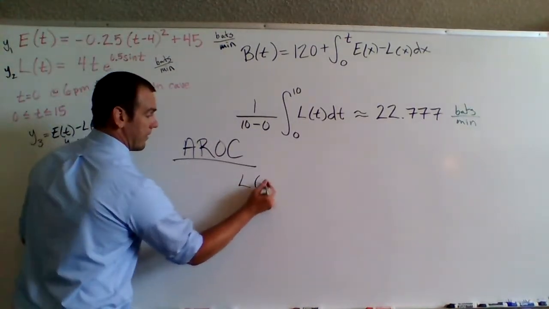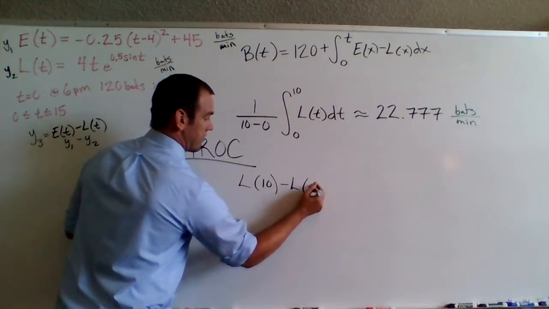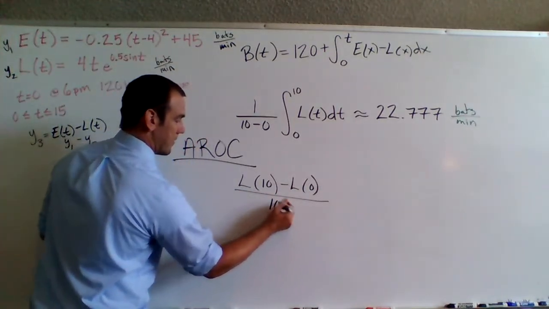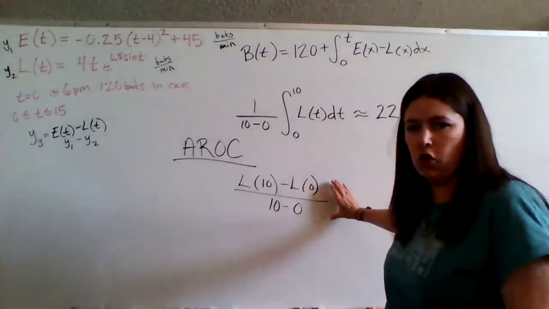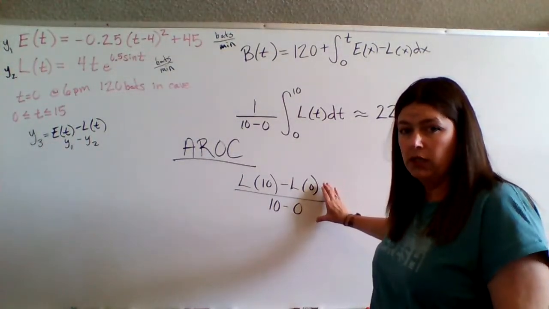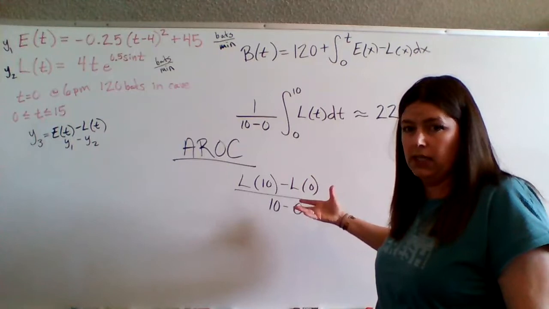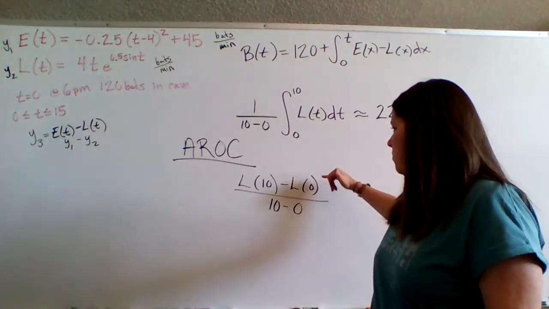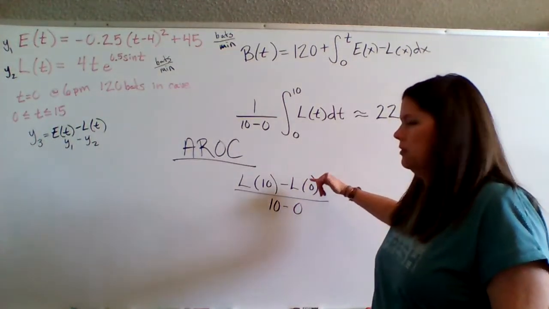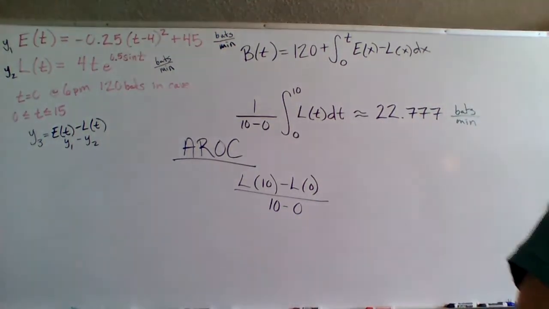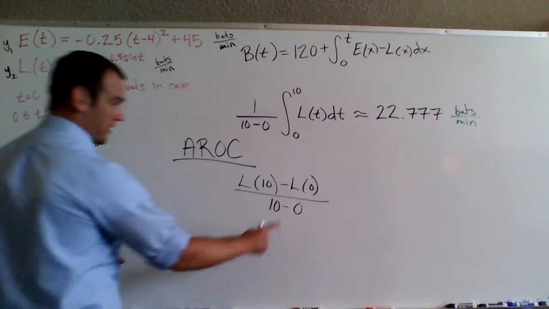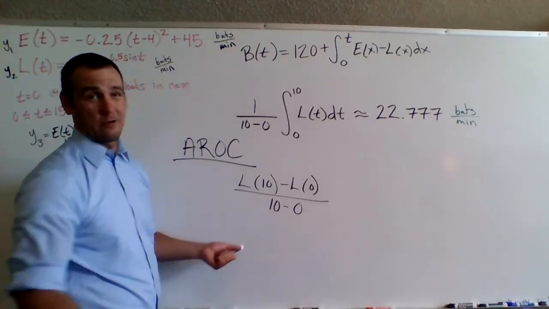That's when we want to do L of 10 minus L of 0 divided by 10 minus 0. And you guys remember on AROC, you have to show and demonstrate a difference quotient. So if you're running AROC on L of t, L of t is bats per minute, but you're dividing by minutes. Also, guys, we know that 10 minus 0 is 10.